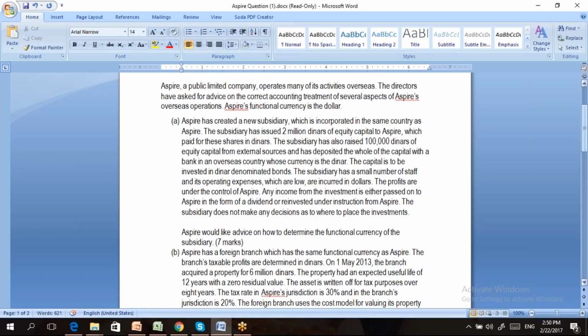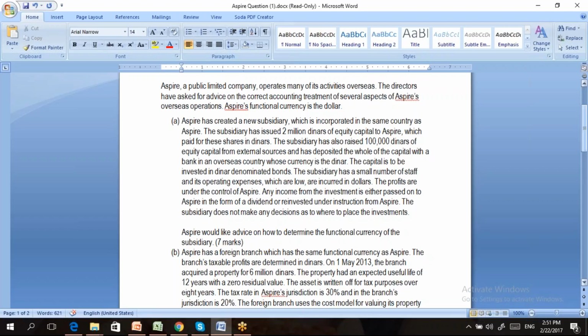Number three, the currency which mainly influences labor, material and other costs of providing goods and services.